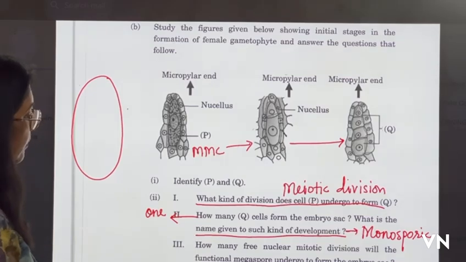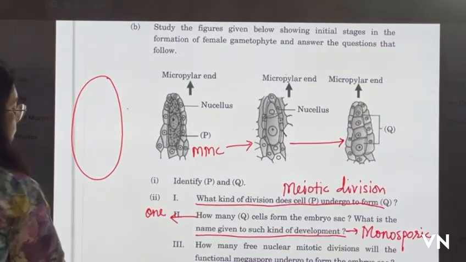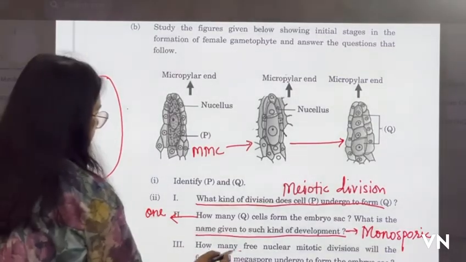How many free nuclear mitotic divisions will the functional megaspore undergo to form the embryo sac? Say 3.